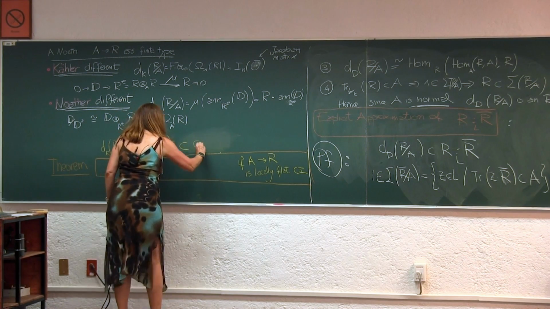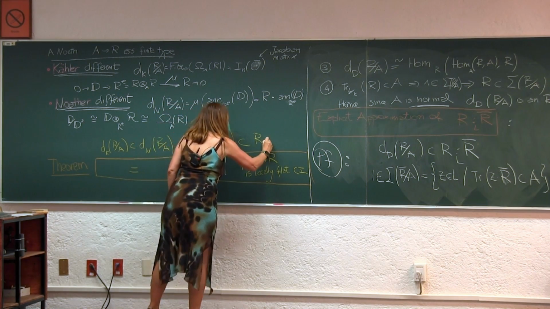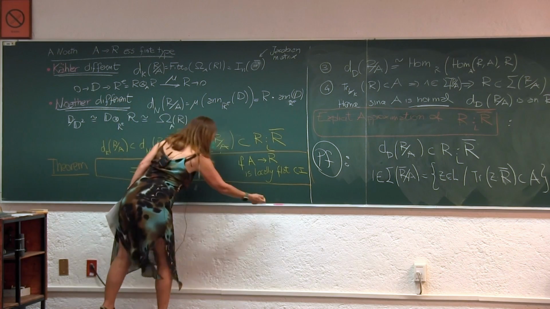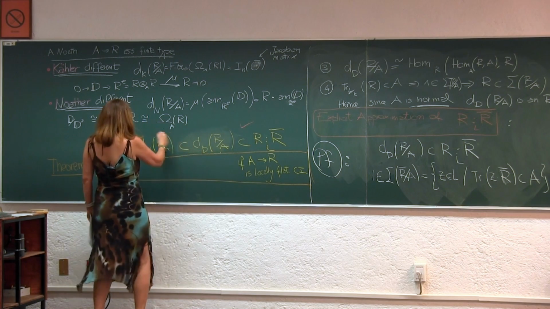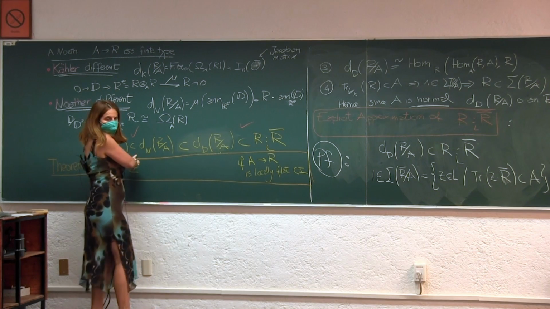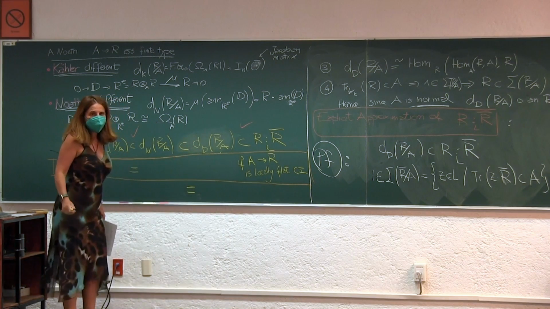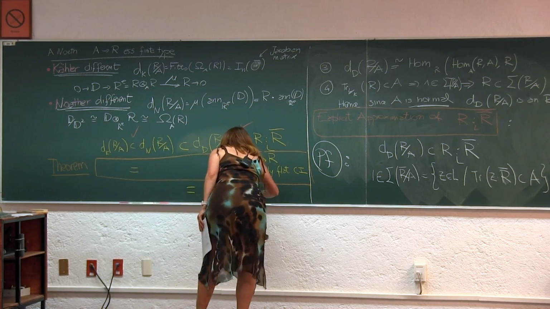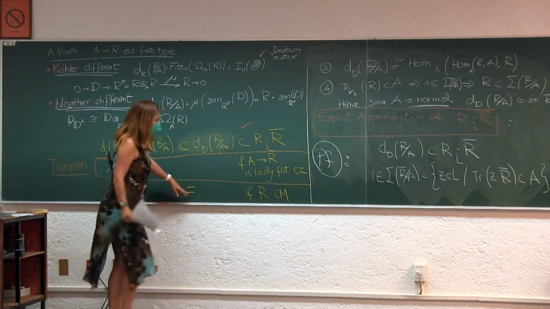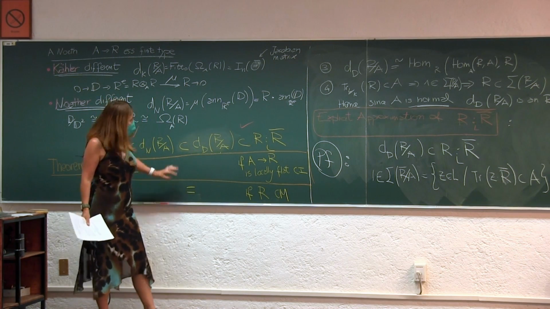I want to add on, and what I want to show is that I take this off now, and I want to show that this guy is always contained in the Dedekind different. And we already showed that this is inside the conductor. And this inclusion we already did. We even characterized this equality already. What we want to do is also characterize this equality.